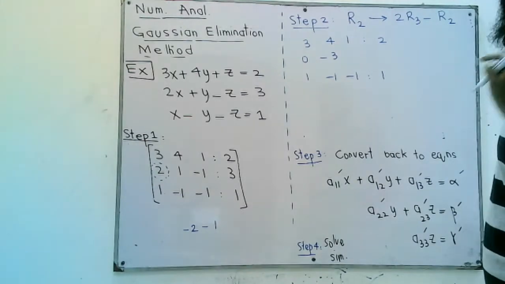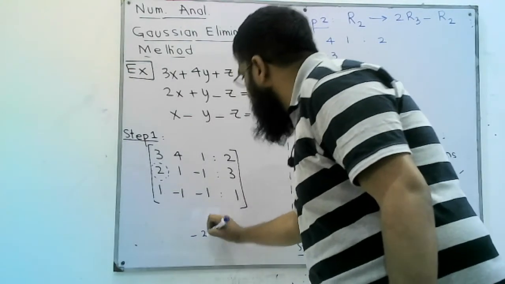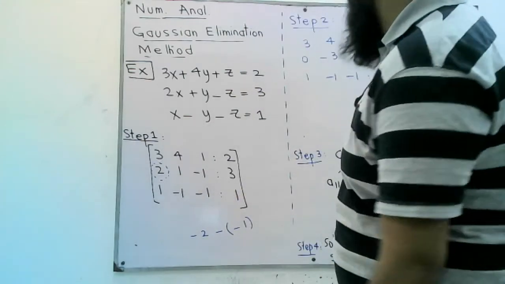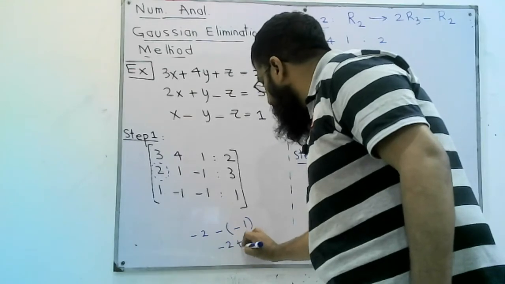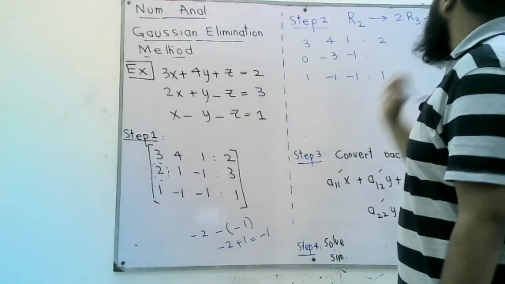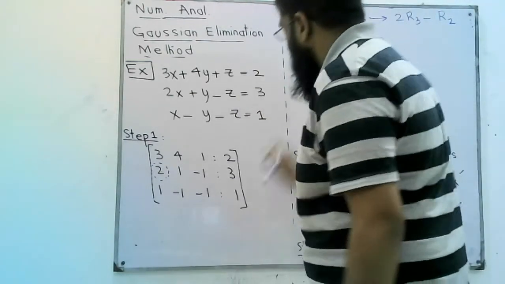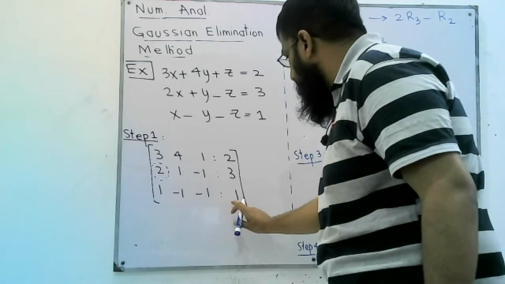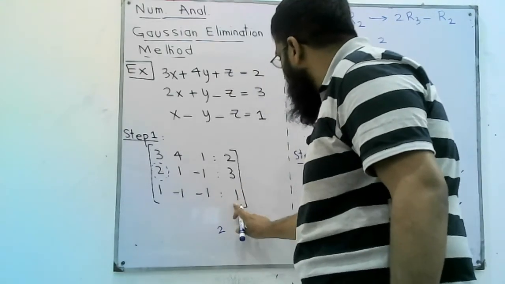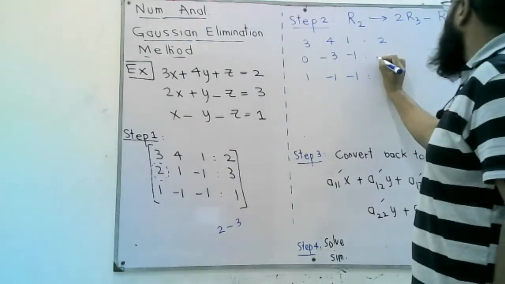Then 2 times minus 1 is minus 2, minus minus 1, so minus 2 plus 1 is minus 1. And applied on the last column, 2 times 1 is 2, minus 3 is minus 1.